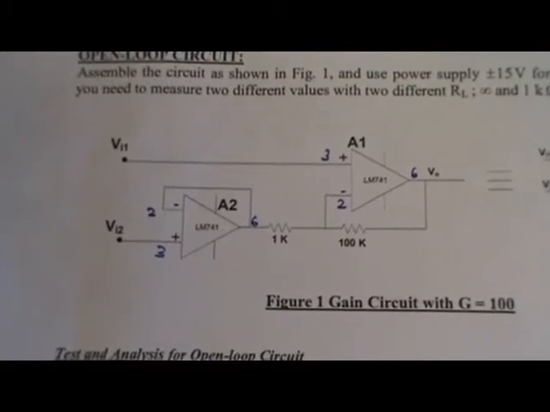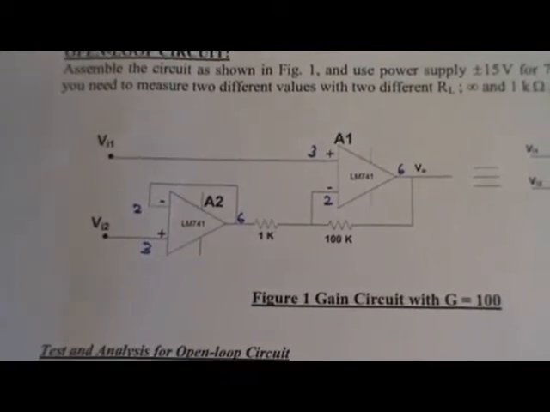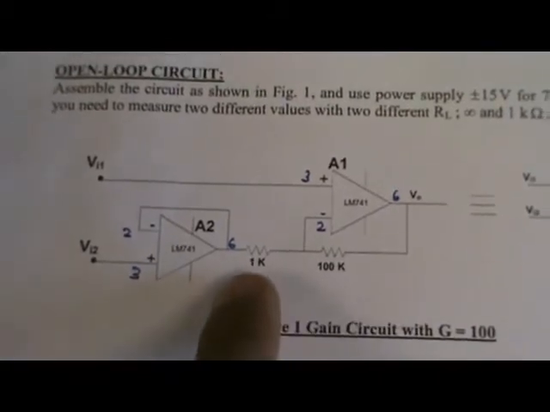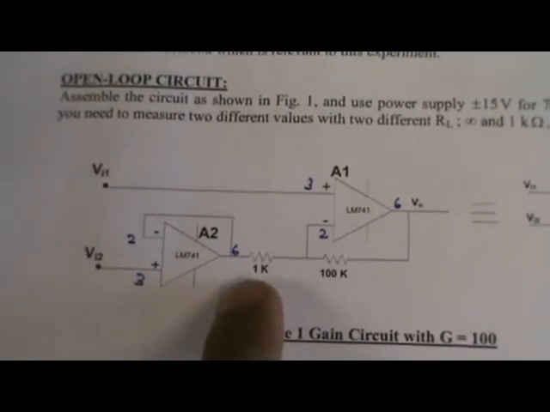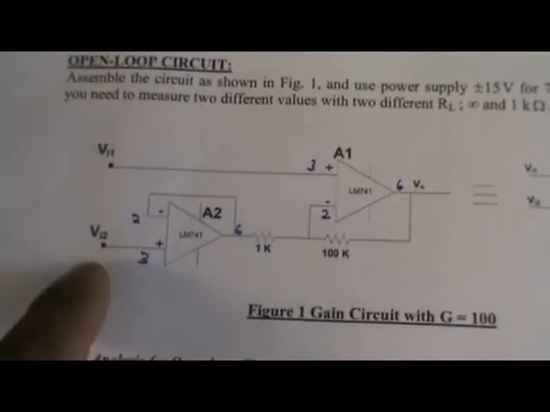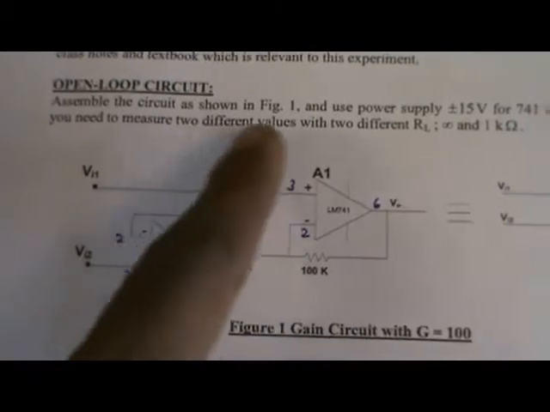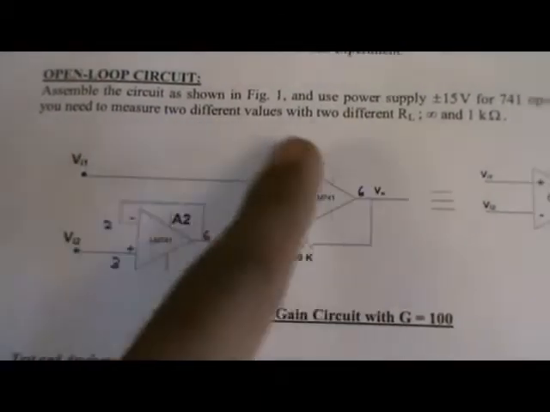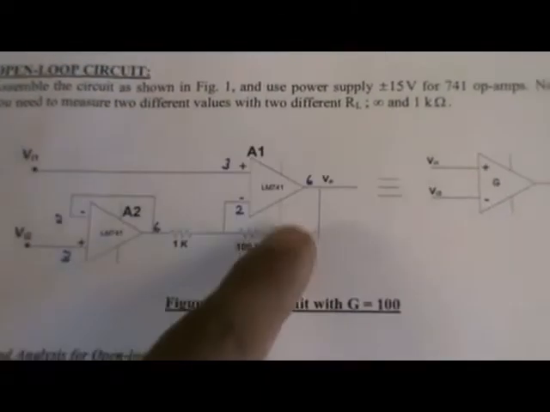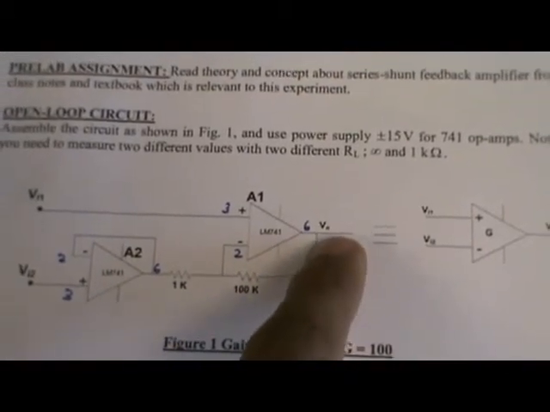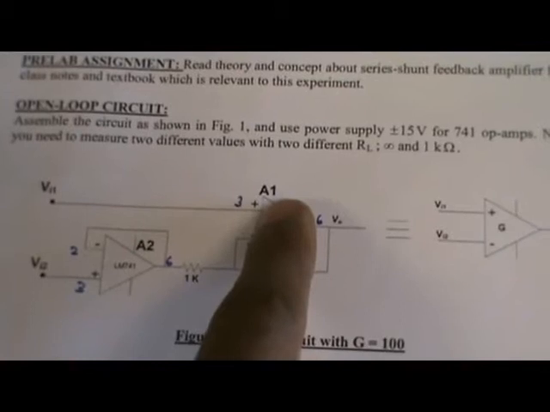First we will build the circuit as given in figure 1. Overall gain of this amplifier is 100 equal to G. So these are the two inputs that we can assume for this overall gain 100 amplifier circuit. Output is V0 taken from op-amp A1.